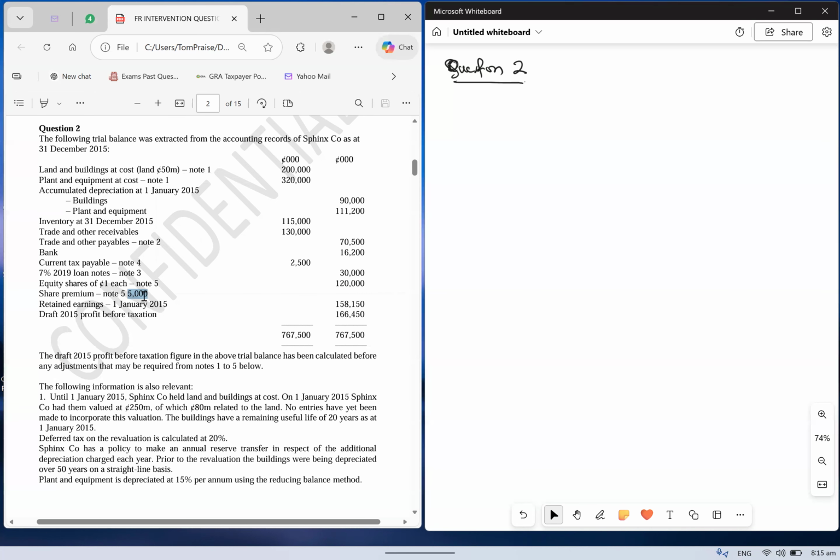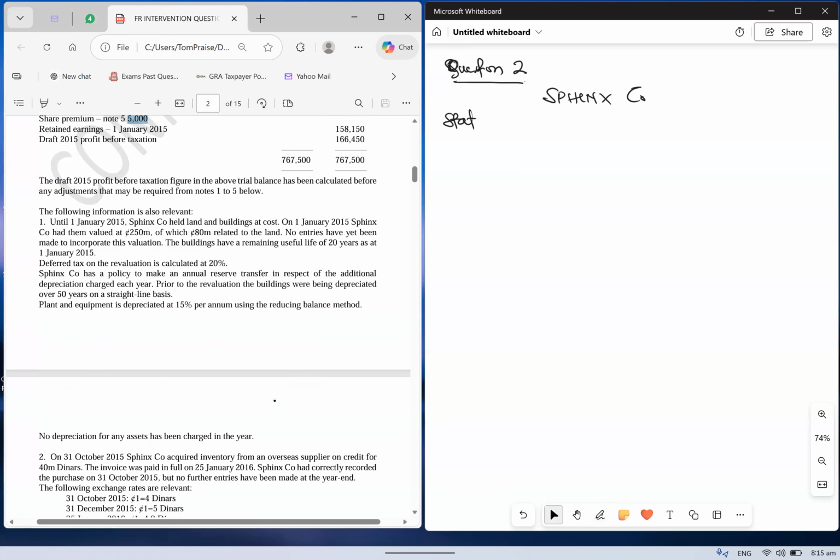We have the draft profits before taxation. So the same thing, we need to start from our profits before taxation. So the name of the company, obviously. Look at the requirements.